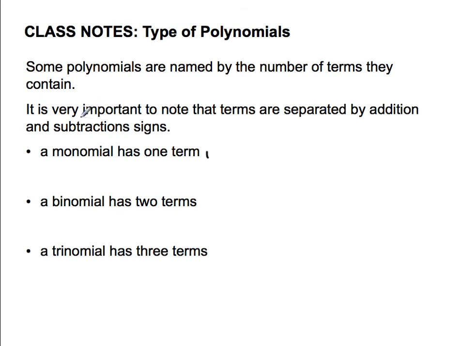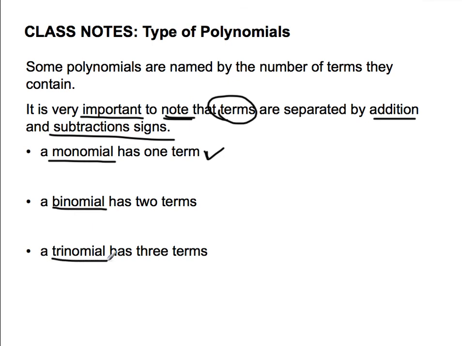Terms are separated by addition or subtraction signs, so you just look for an addition or subtraction sign. If a polynomial has 1 term, it's called a monomial. If it has 2 terms, it's called a binomial, and 3 terms is a trinomial.